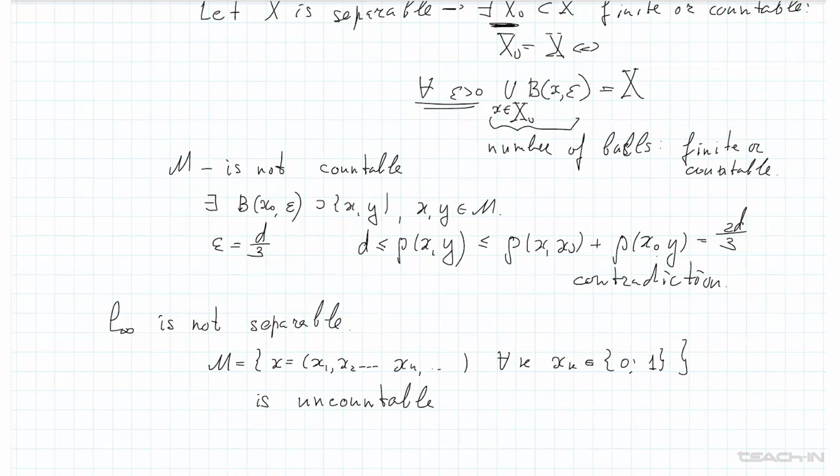So it is uncountable, and the distance between two elements is 1 when x is not equal to y. So we just have the situation of the lemma. Is it clear or not? Silence, so yes, it's clear.